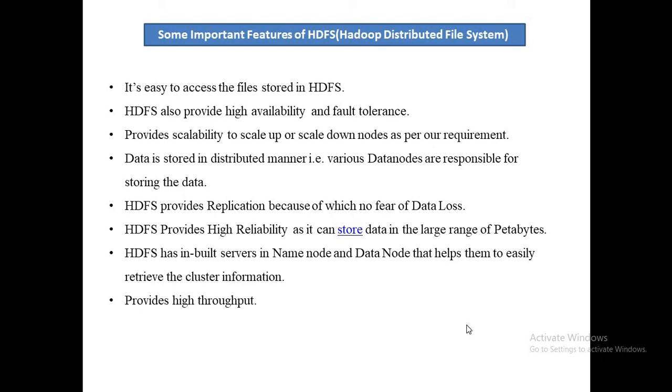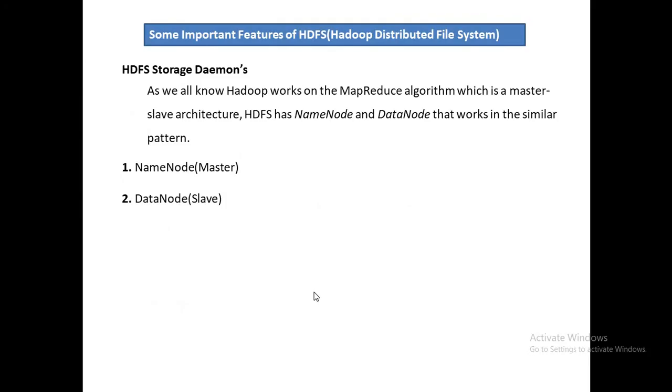These two words, name node and data node, are very important in HDFS; they help to easily retrieve the cluster information. We call them master and slave. These two play a very significant role in HDFS. It also provides high throughput.